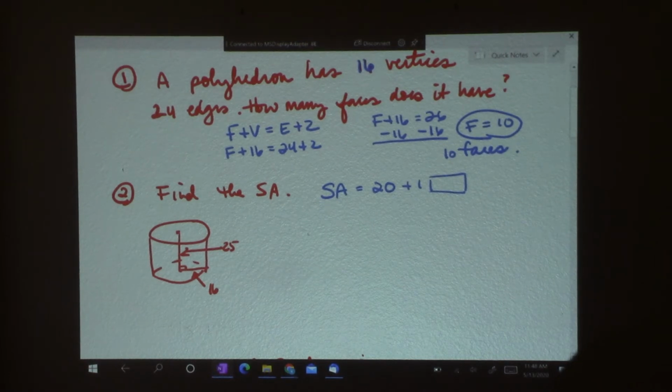And remember what we said, that this is 2 pi r, the circumference, and this is the height. So actually this length here is what wraps all the way around our circle. Okay, that's not 220, that's 2 circles. So I'm going to find pi r squared.